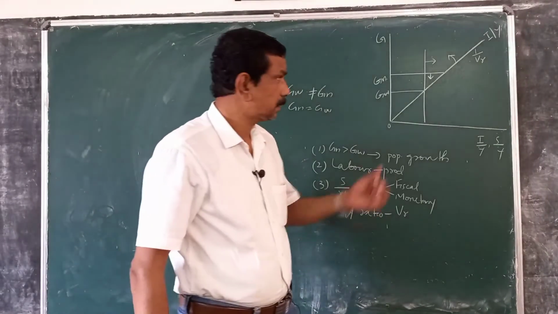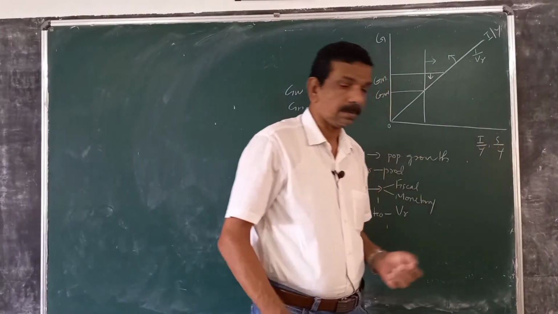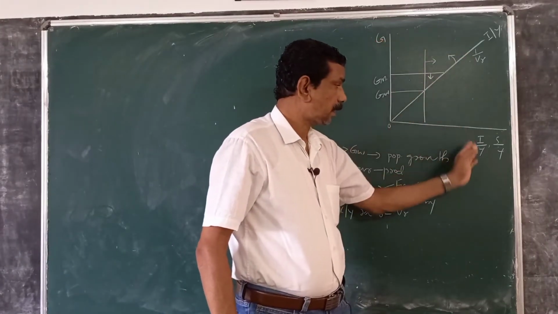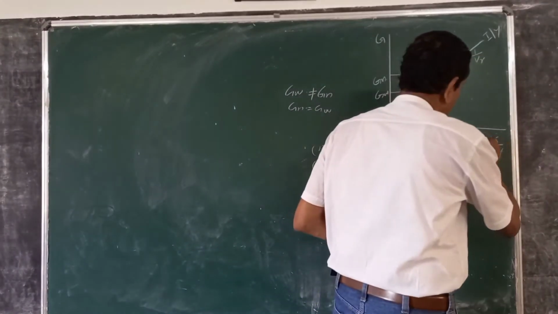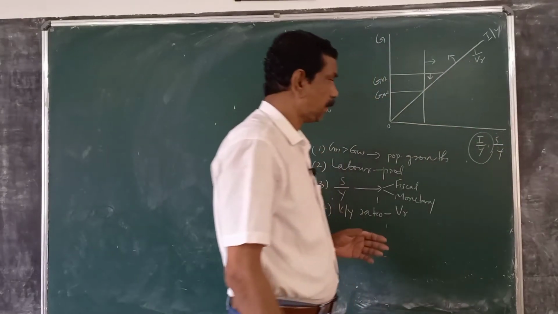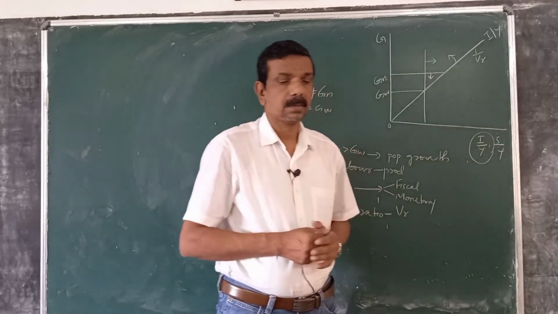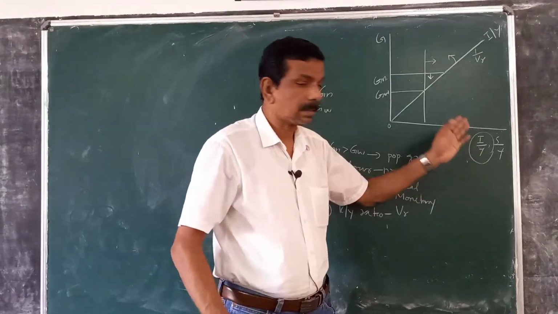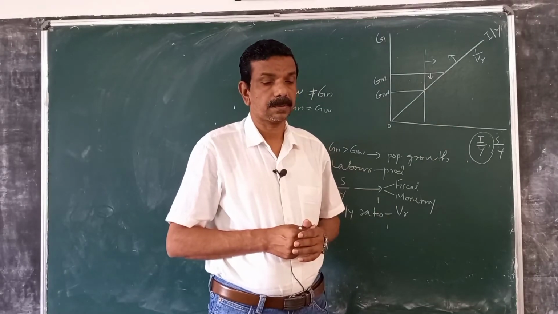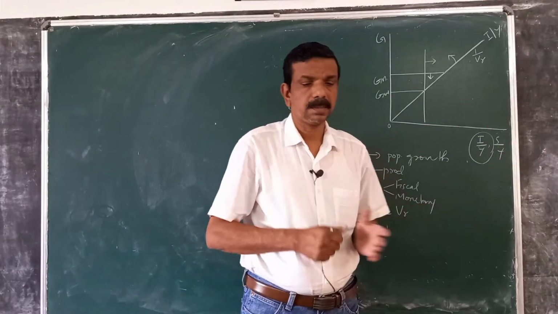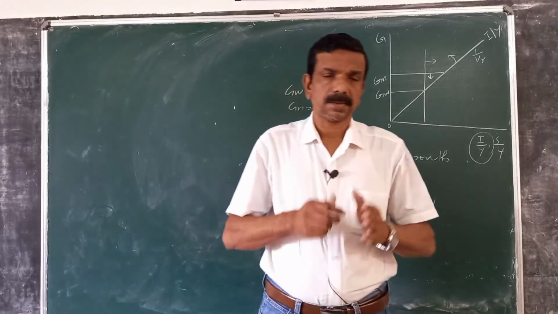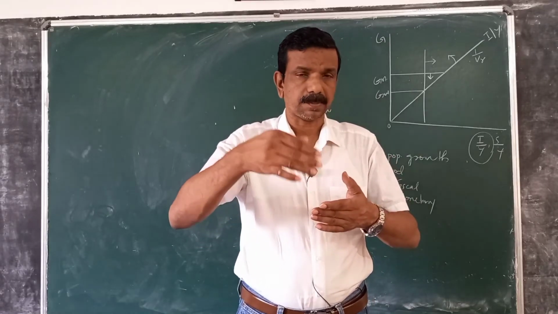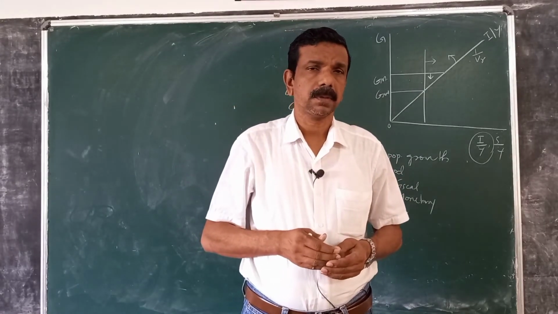G and the investment ratio I by Y are related through VR, the required incremental capital output ratio, and S by Y is independent of G. S by Y depends on income.